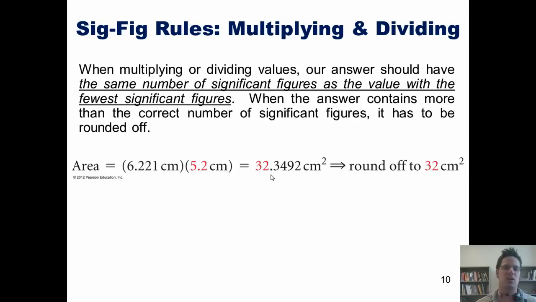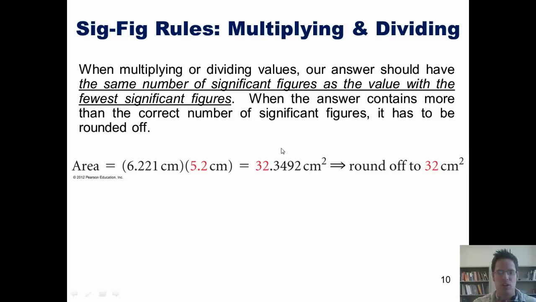The final answer has to have the same number of significant figures as the value that had the fewest number of significant figures. So as we look at these two values, 6.221 has 4 significant figures, but 5.2 only has 2 significant figures. Hence, I have to round off my final answer so that it also has 2 significant figures.